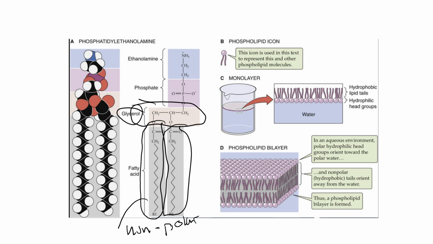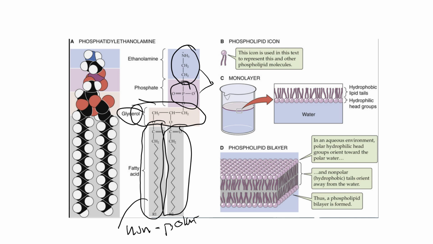Okay, and the glycerol backbone is also esterified to a phosphate group, as well as the phosphate group is esterified to what's called a head group. Oftentimes, this will be called the phosphate head. It's the phosphate plus the head group, so the phosphate head.